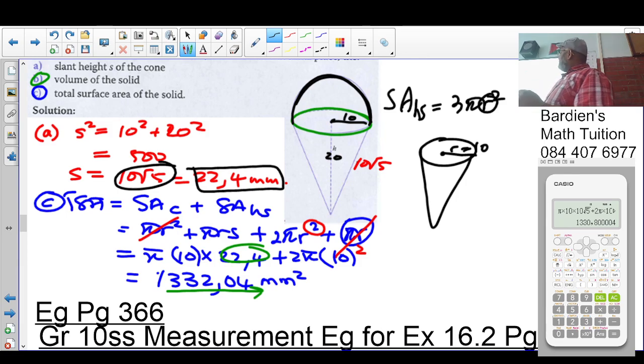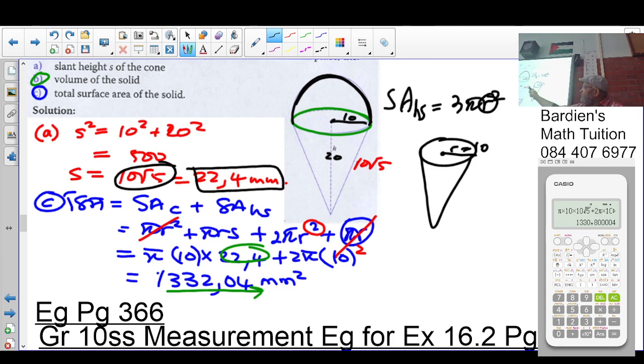Total surface area, yes? We're not including the circle because if I must build that cone, that circle is not exposed to the outside.